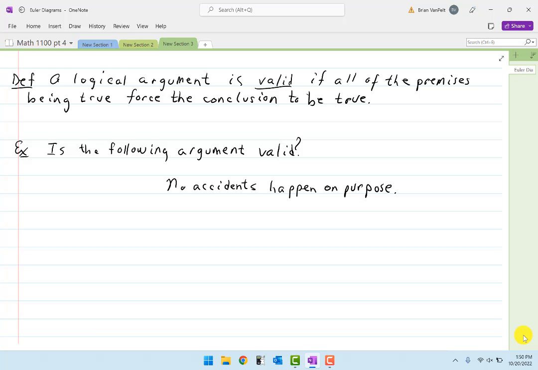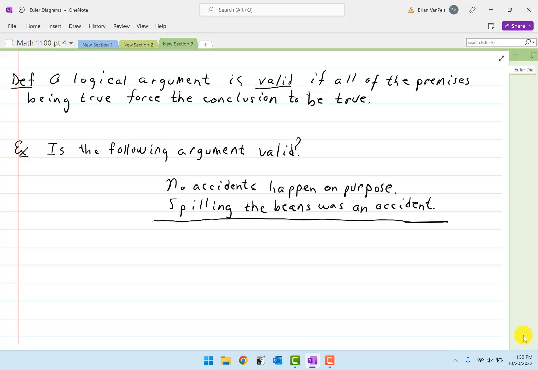And then we have: spilling the beans was an accident. So those are our two premises that we're going to use. Then we follow that with a line here. And the second part is the conclusion.